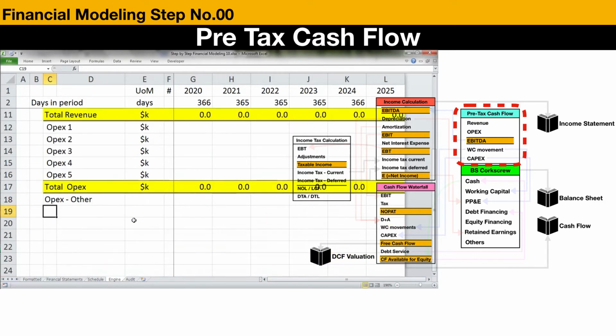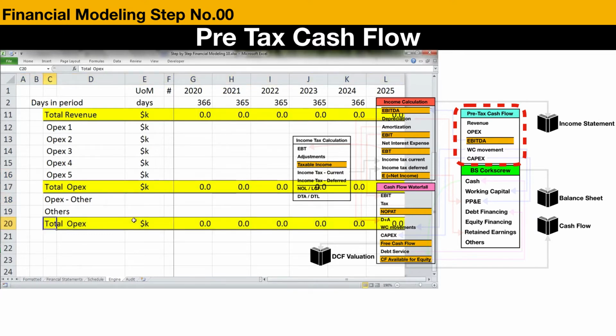They are not necessary, but sometimes used to explicitly input unidentified or hypothetical items into EBITDA. Add all items to calculate EBITDA. Finally, CapEx and cash flow to fund working capital movements follow, and this completes the pre-tax cash flow engine.